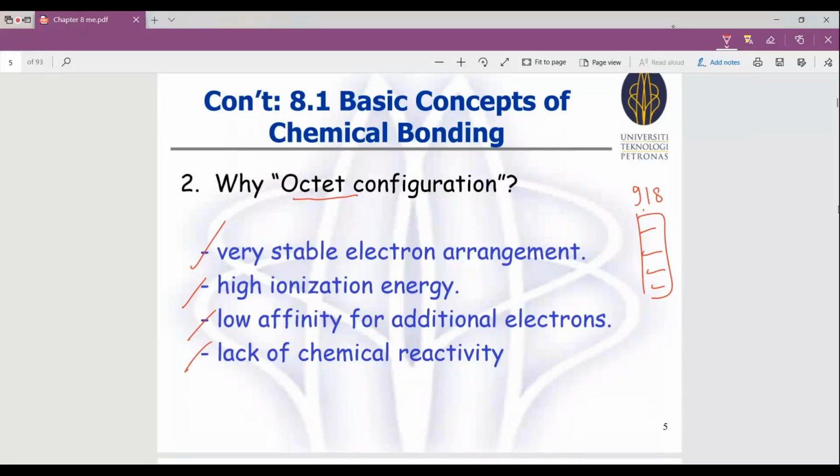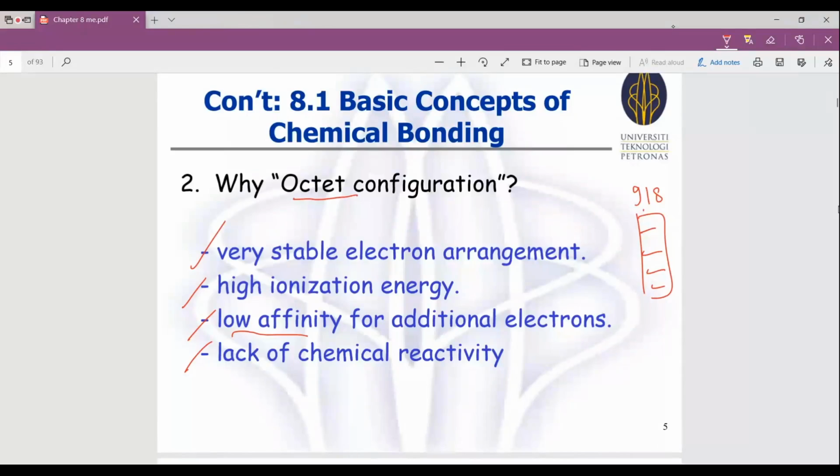And lack of reactivity means that because we cannot add or donate electrons, there is no activity at all. So for electron affinity, it is low because we cannot add electrons anymore.